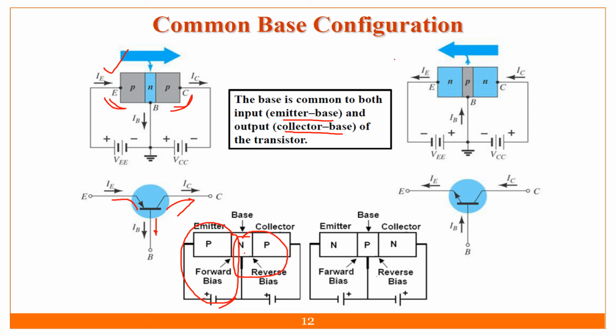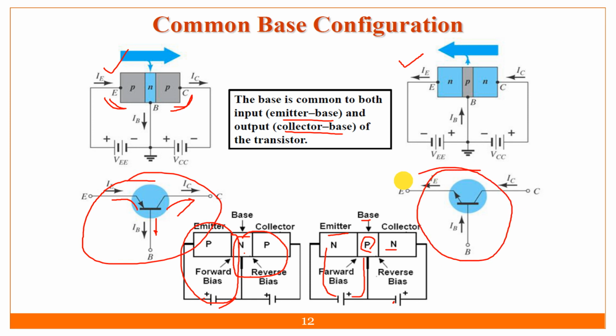In case of an NPN transistor, we know that the base to emitter junction is forward biased, so n-type is connected to the negative and p-type to the positive. Here the case is reversed, with p-type connected to negative and n-type to the positive voltage. These are the two transistors, the PNP transistor and the NPN transistor.